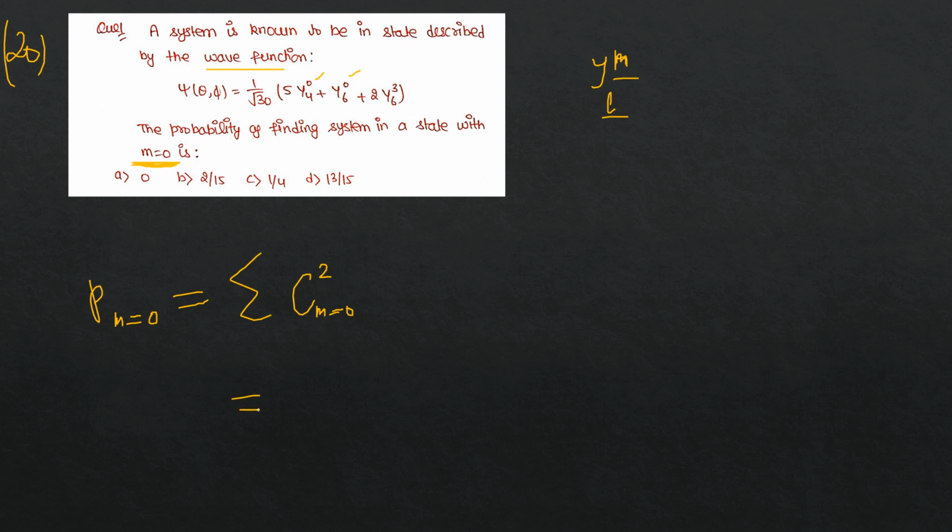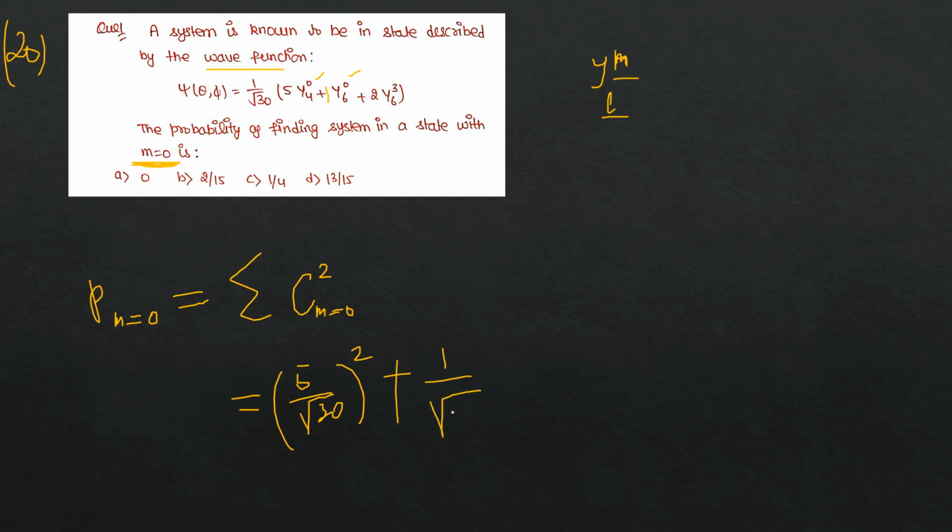They are coefficients. See, the first term is 5 by root 30, whole square, plus this one is 1 by root 30, whole square.